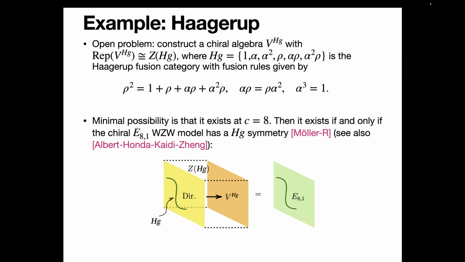And the argument is just that if you found a Haagerup VOA, you could use it as a physical boundary condition in this kind of SymTFT construction. You're guaranteed to get E8 level 1 because that's the only chiral CFT at central charge 8. And this would give you a Haagerup symmetry simply because this gapped boundary condition supports Haagerup on its boundary.